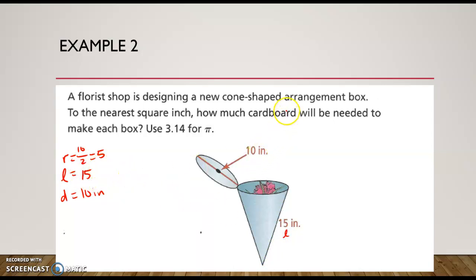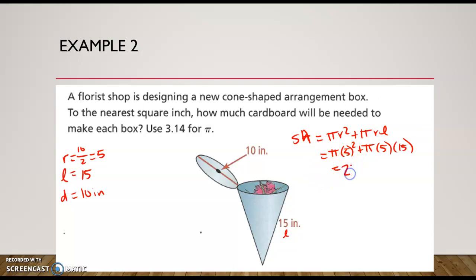So now I just plug in. Surface area, I don't know why that didn't look like an A at first, is pi r squared plus pi r slant height. So we're going to get pi times 5 squared plus pi times 5 times 15. Like I said before, I don't multiply by 3.14 until I get to the end.